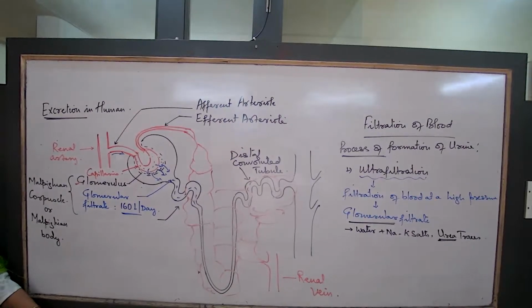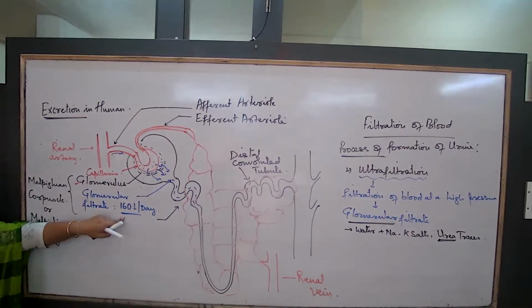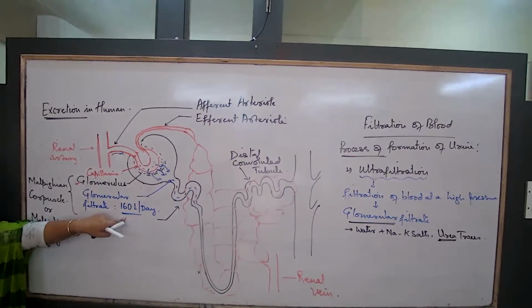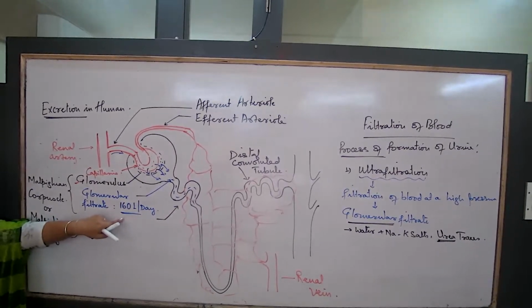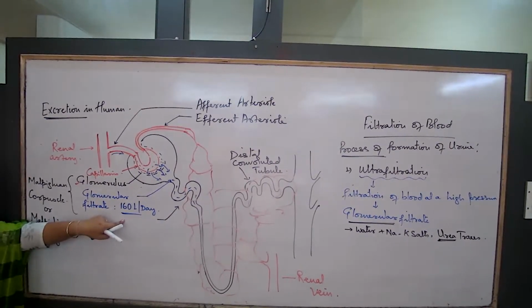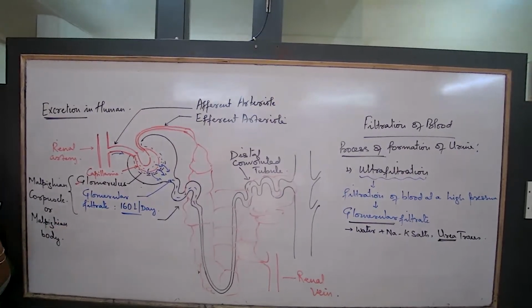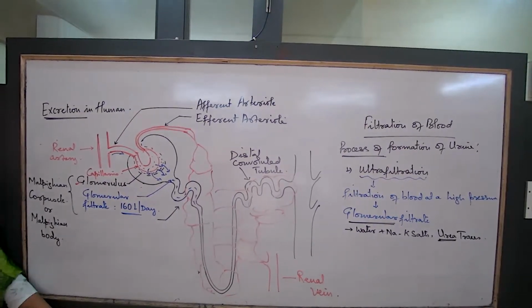We have just 6 liters of blood, and with this much water loss we would immediately collapse. But that does not happen. Even though this much fluid is formed as glomerular filtrate, the body has a method of taking back all the essential substances and throwing out only the toxic waste substances. So we will learn how.